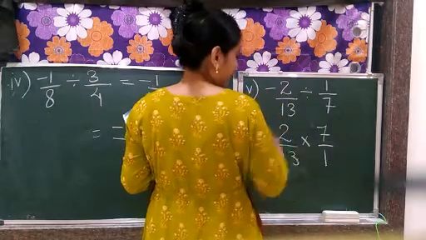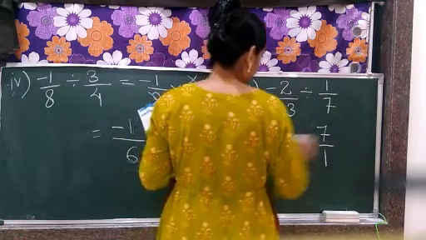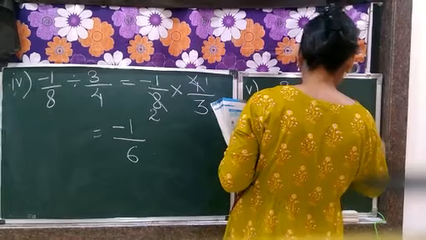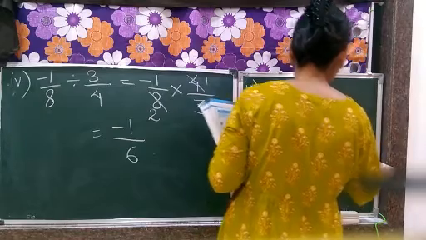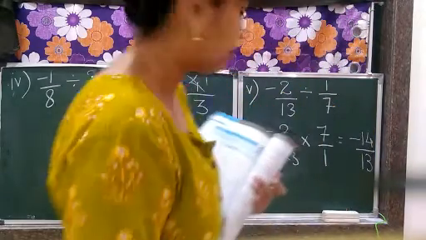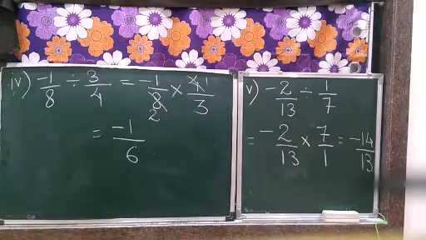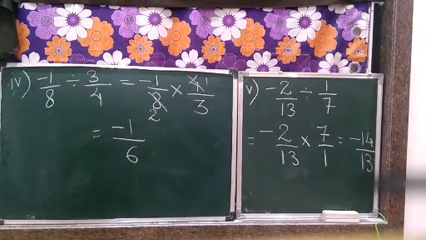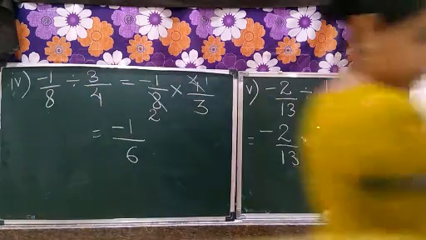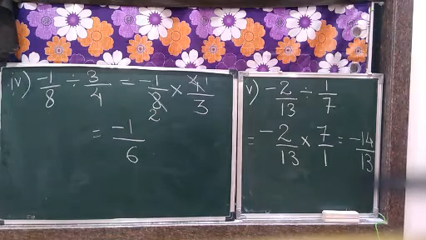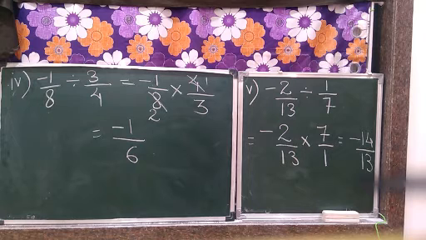Okay. Now anything can get cancelled? No. So this is minus 14 by 13. 13 ones are 13 and 2 sevens are 14. Now we are going to start the next one. That is the sixth one.